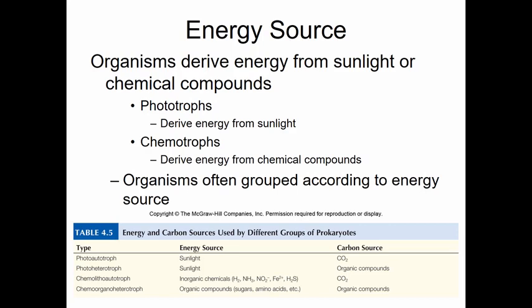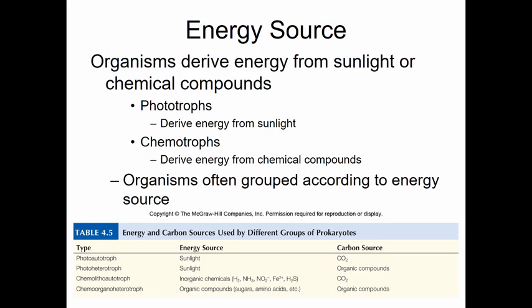When we get into the chemotrophs, we get a couple of additional terms. So chemolithoautotroph. If you see chemolithoautotroph, it means everything is inorganic. So it means it's using an inorganic chemical as its energy source, and that means it's using inorganic carbon as its carbon source. Okay?